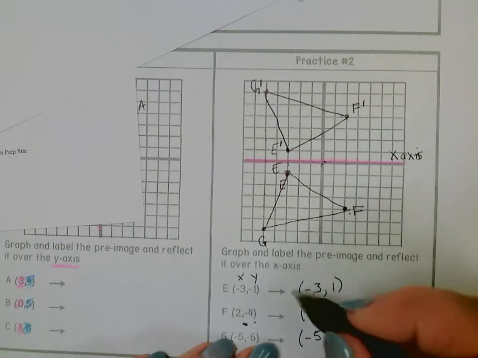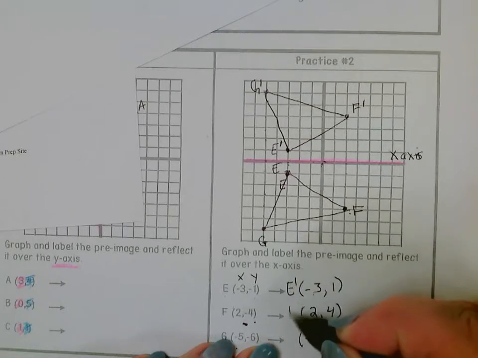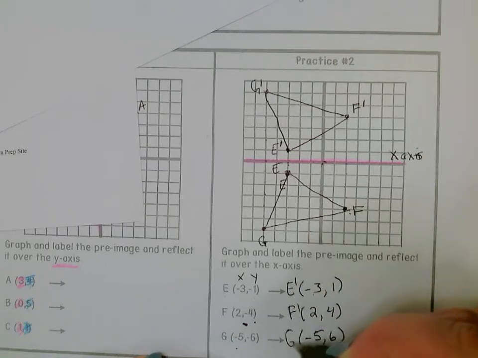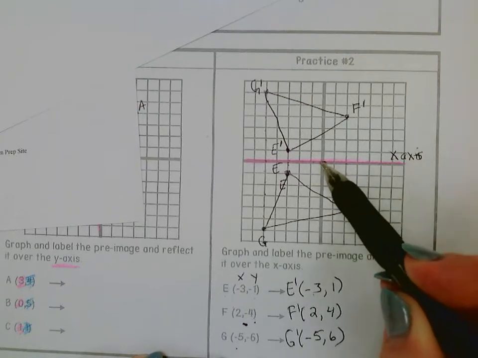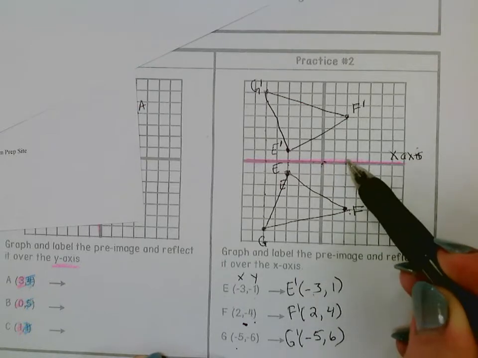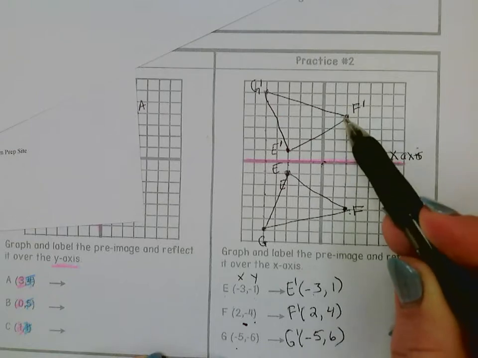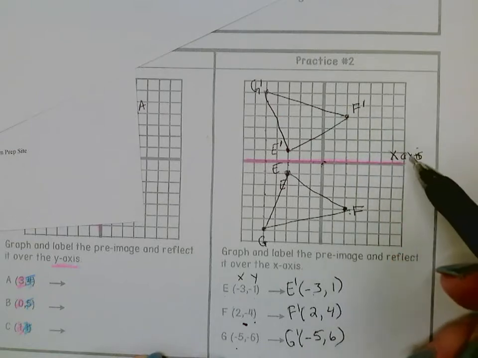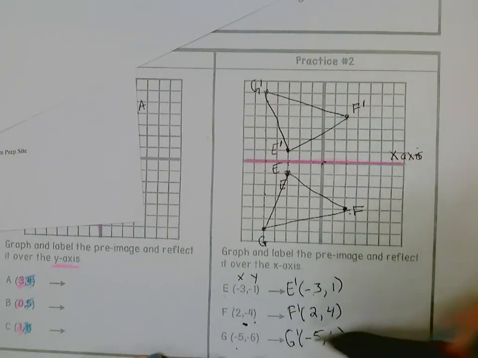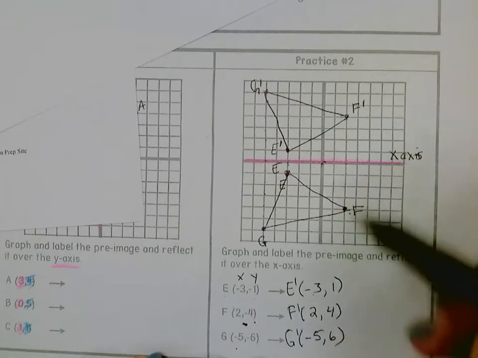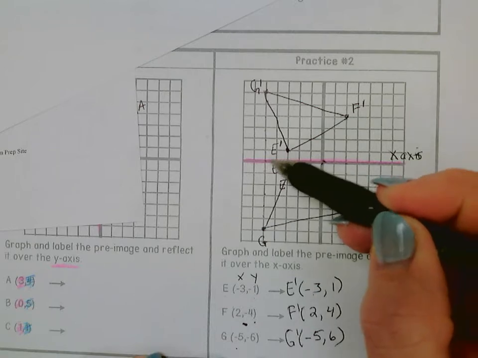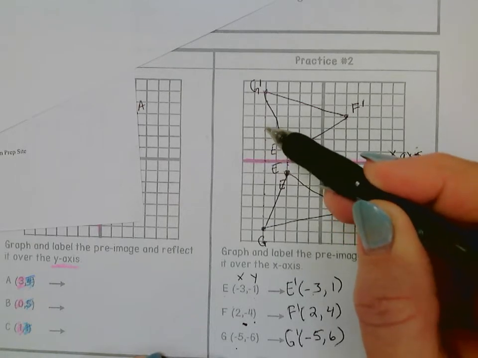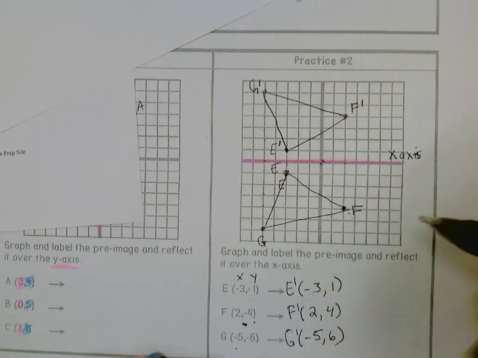My F prime is 2, 4. Point of origin, 1, 2, 1, 2, 3, 4. There's my F prime. My G prime is -5, 6. Point of origin, 1, 2, 3, 4, 5. 1, 2, 3, 4, 5, 6.